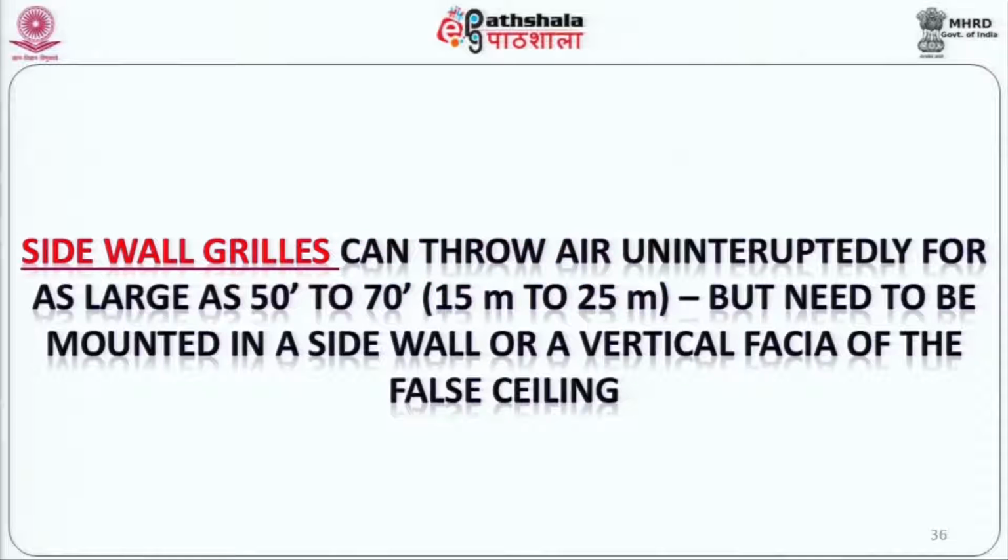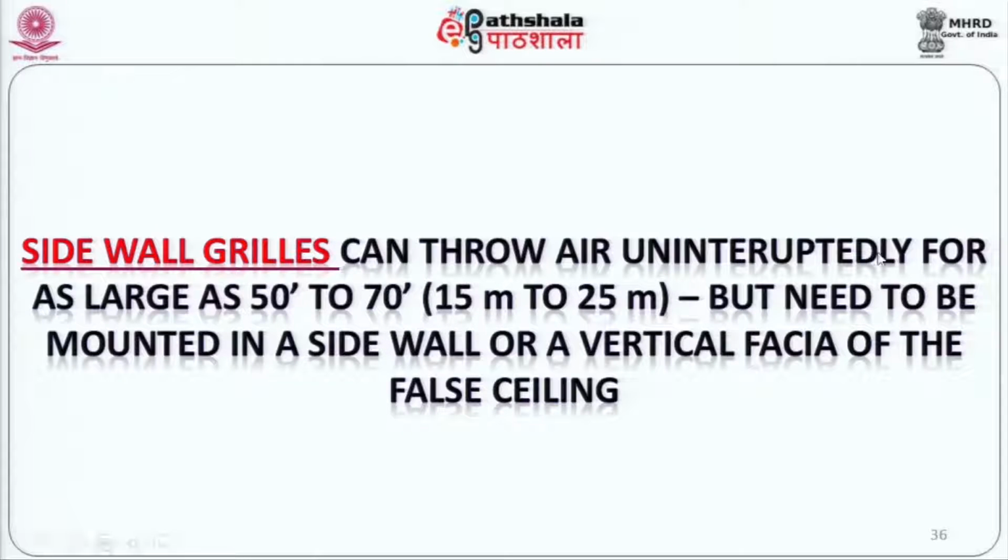The simple characteristic of a sidewall grill is that it can throw air, you might say uninterruptedly, for as large as 50 to 70 feet. Please note the caution on uninterruptedly. That means if you have a sidewall grill, it can throw air very clearly, very simply for 50 to 70 feet or 15 meters to 25 meters, but it must be uninterrupted.